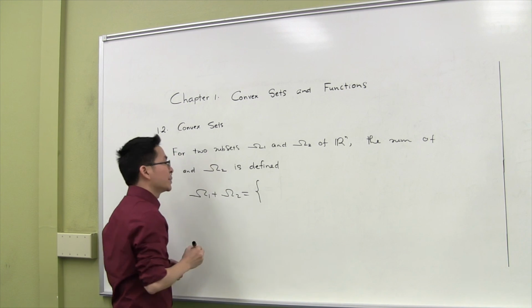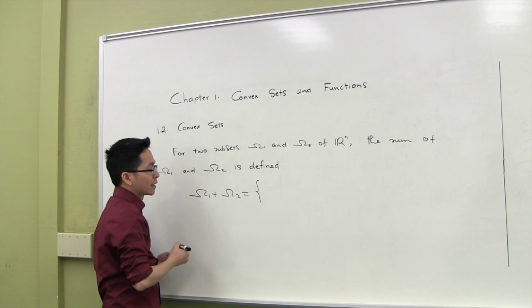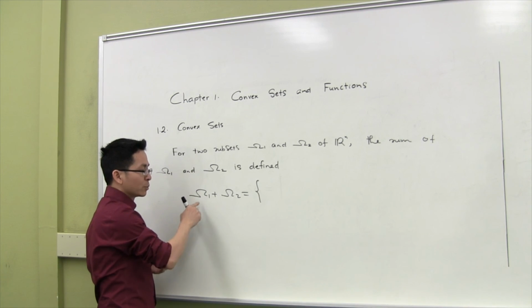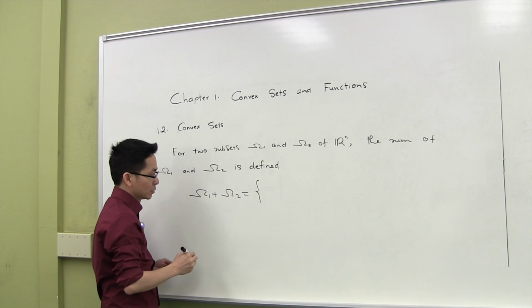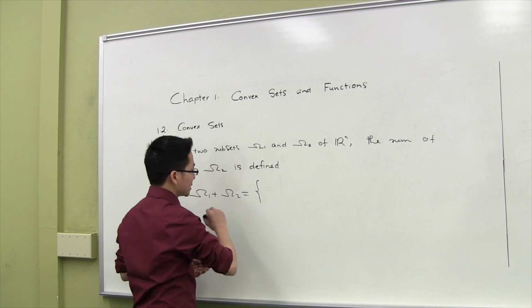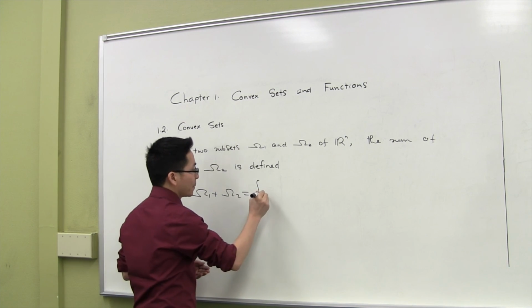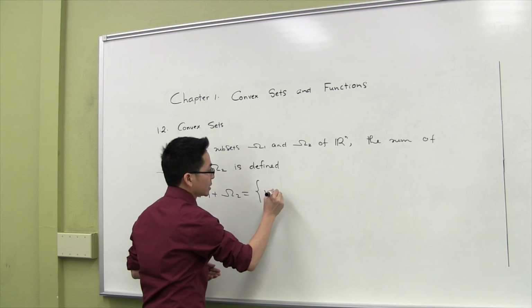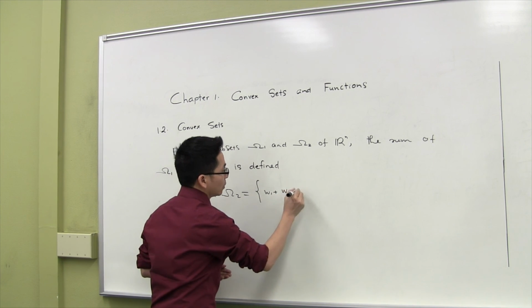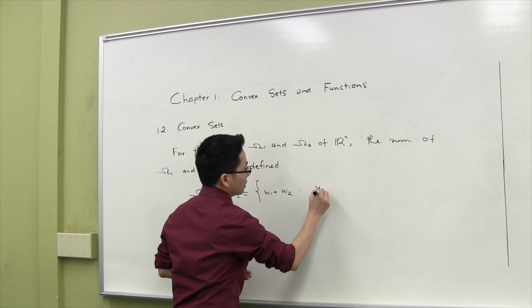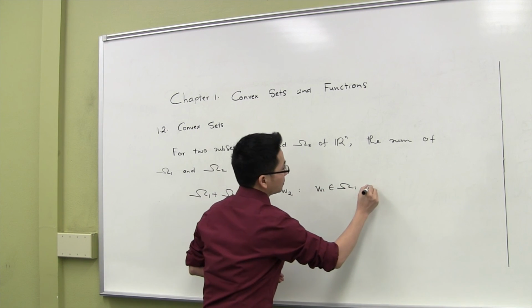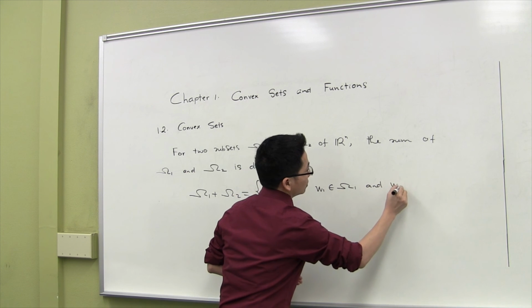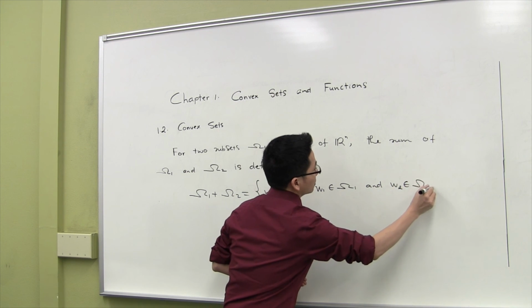This is a subset of Rn that contains all possible sums of elements of omega 1 and omega 2. So it contains all elements of the form w1 plus w2, where w1 belongs to omega 1 and w2 belongs to omega 2.